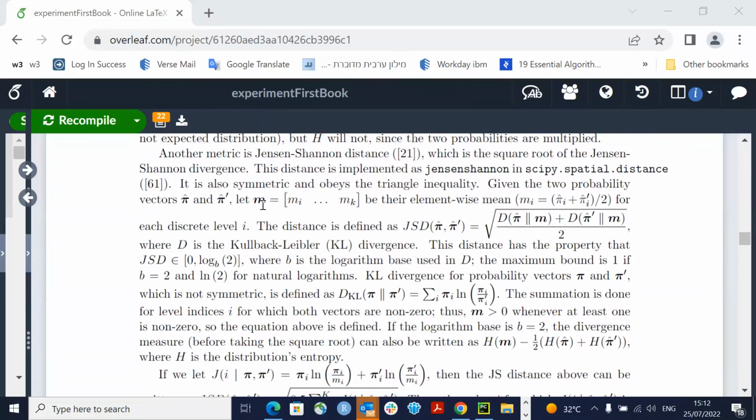What you can do is take the element-wise average between each category, and the element-wise average will be 0 if both categories are zero, but it will not be zero if at least one of them is not zero. And this is a frequent kind of problem that you see in these metrics.